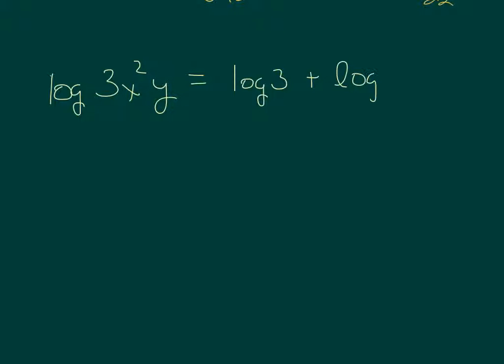That's good. Okay, I want to expand the log of 3x squared y. What's my base here? 10. All right, if we're going to expand this, these are all multiplied, so we have the log of 3 plus the log of x squared plus the log of y.